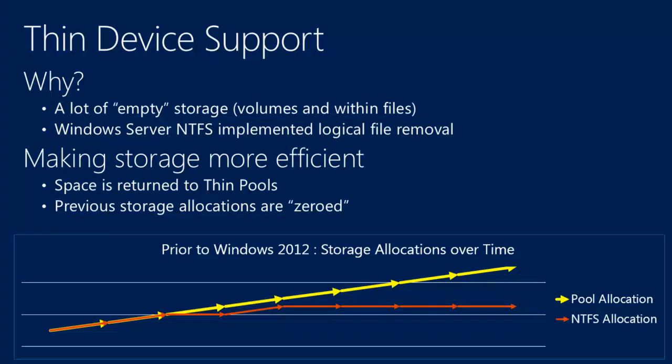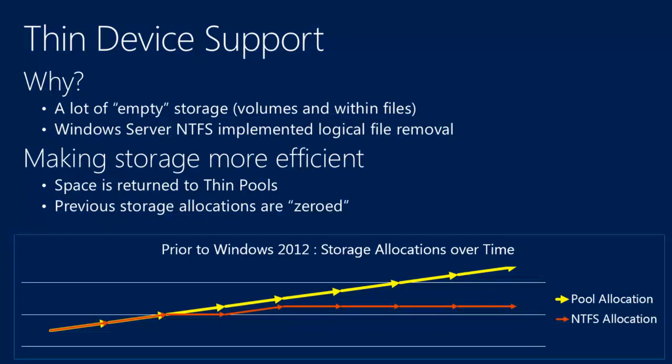Prior to Windows Server 2012, NTFS had no concept of thin devices. And so what we would run into is a situation down in the bottom represented by the graph. So for the first part of the life of the LUN, the allocations as we add files kind of looks like the growth path of the allocations in the thin pool.